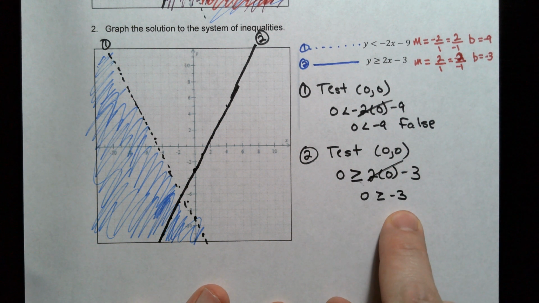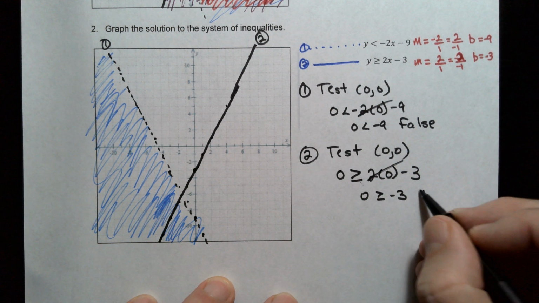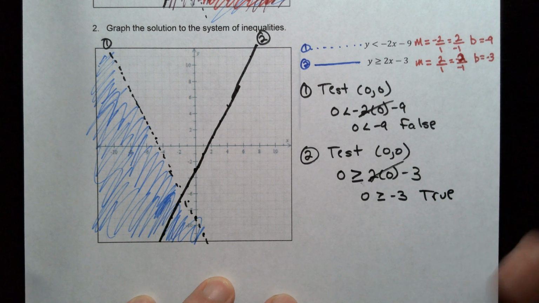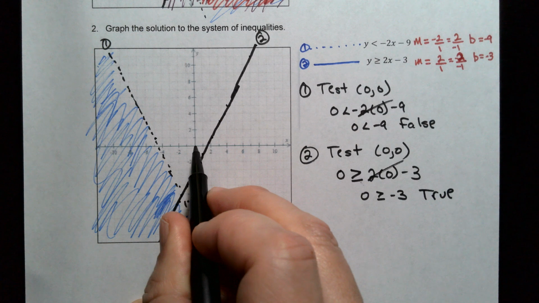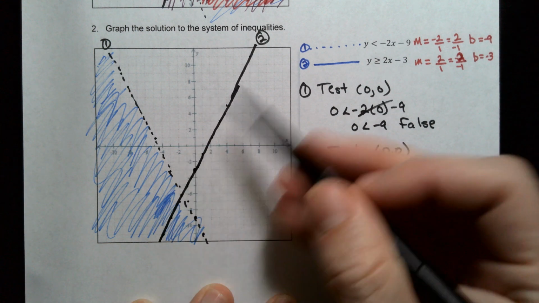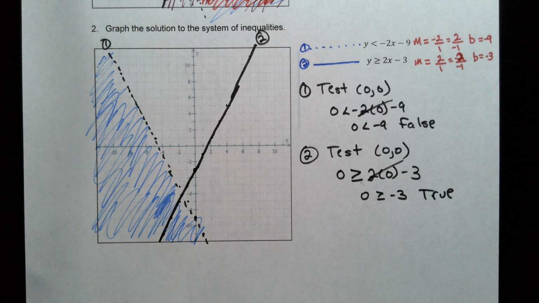Is this true or false? Well, it's true. It's not equal to negative 3, but 0 is certainly greater than negative 3. So for line number 2, the solid line, I tried 0, 0, and it turned out to be true. So that means everything over here gets shaded. Everything on the left of that line gets shaded.